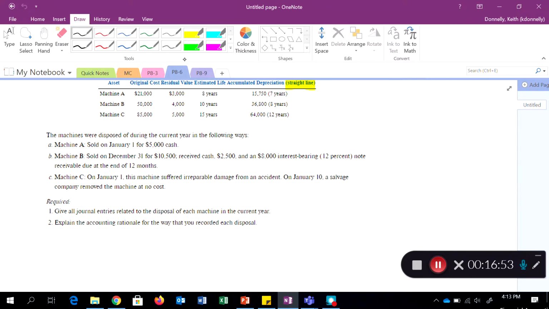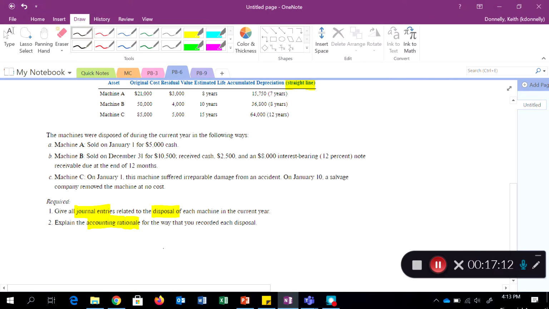What are they asking us to do? They want some journal entries related to the disposal of each machine, and then they want us to explain the accounting rationale, which I can tell you when we make the journal entries.